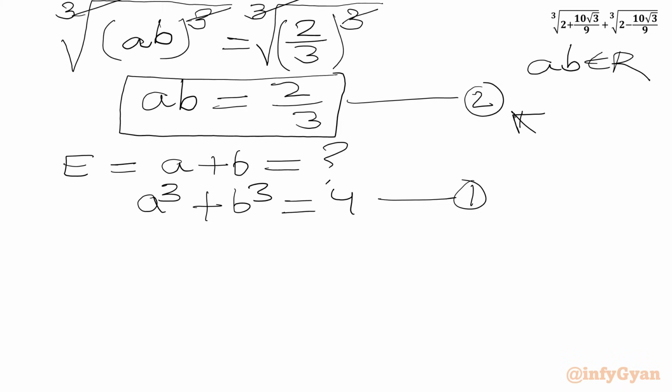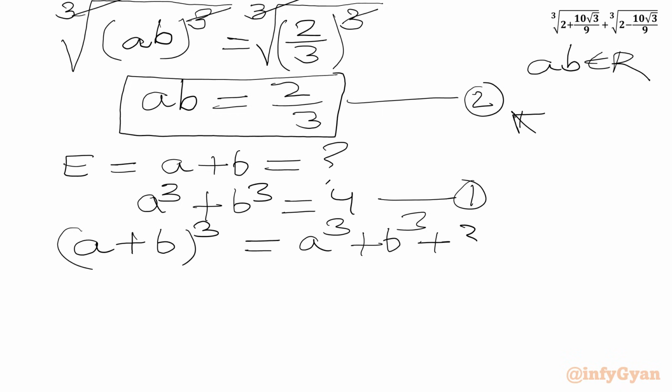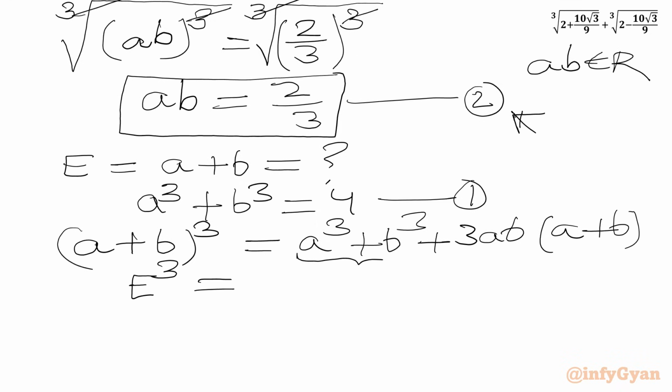Now we can use one algebraic formula, a plus b whole cube. This will be equal to a cube plus b cube plus 3ab times a plus b. Now a plus b is expression e, so we will write e cube equal to a cube plus b cube. This is 4 as per equation 1, plus 3 times ab as per equation 2.